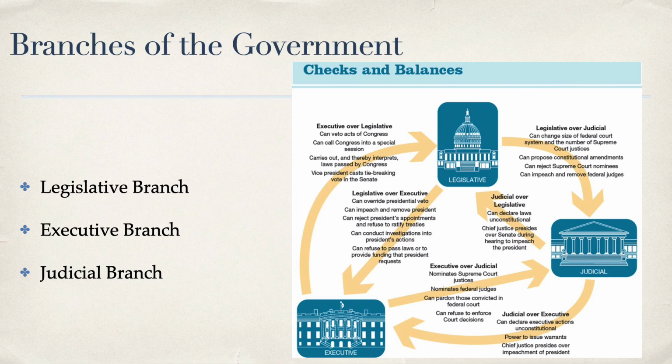Each branch is given not only its own powers, but also some power over the other two branches. So again, an example: the president's veto power over Congress, Congress's power to approve appointments to high executive posts and to the judiciary, and the judiciary's power of judicial review. And you can see figures 2.2 and 2.3 in your textbook for more information on this.